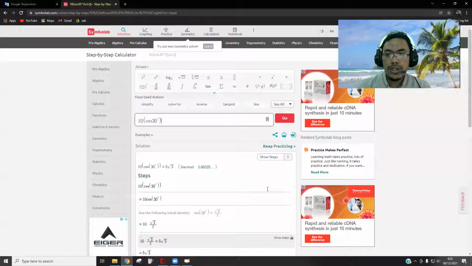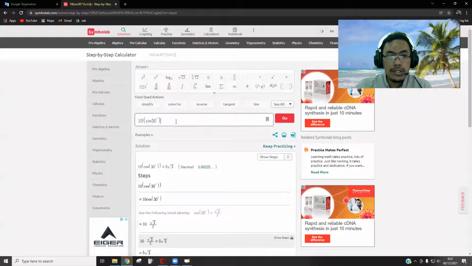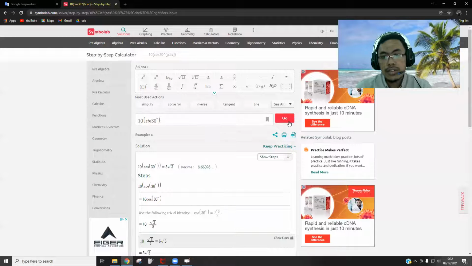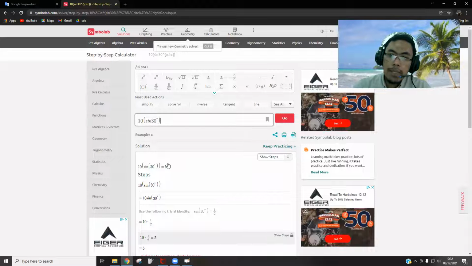You can use your calculator, but I will use this one. 10 times sin 30 degrees. So what we have is only 5. The answer is only 5.